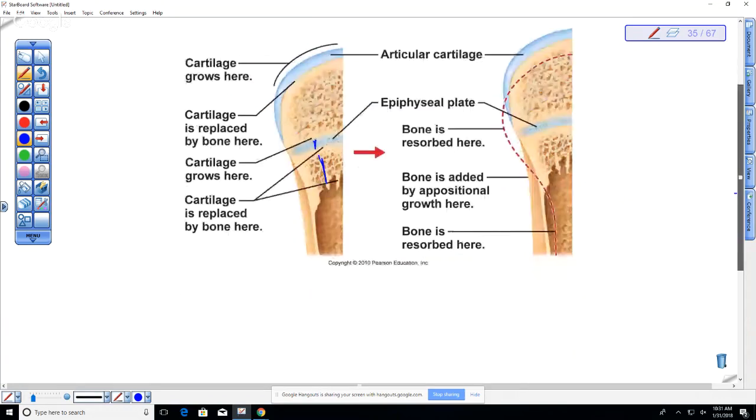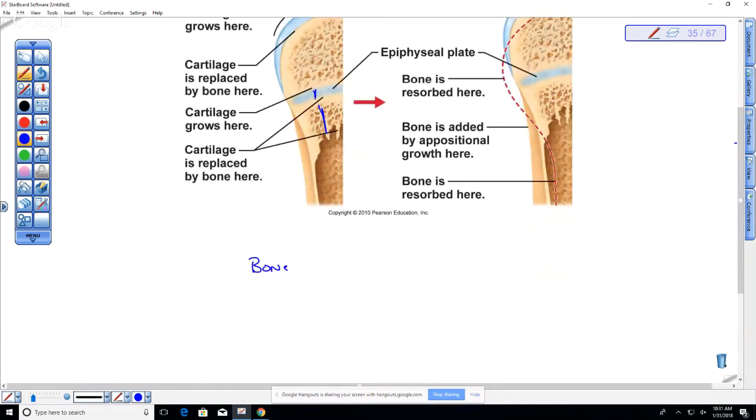So bone remodeling happens, this is where the osteoclasts and the osteoblasts work together to keep the shape of the bone constant. Okay, so osteoclasts, which break down the bone, and osteoblasts act to keep the shape of the bone constant.